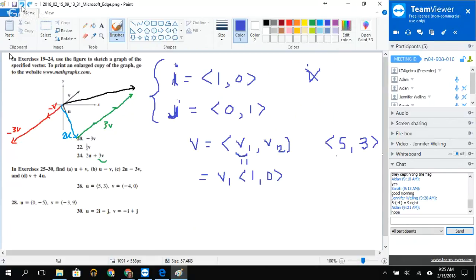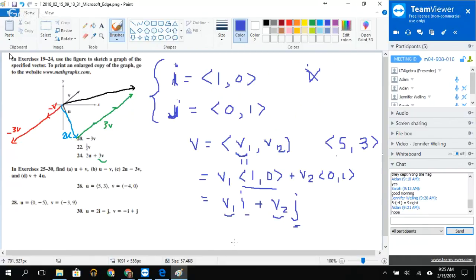Okay, and then for the second one, we can also write this as a scalar number, v2, times the unit vector 0, 1. So now if I translate this, and instead of writing this as my unit vector, I write v1 times I, got to make my boldface I, plus v2 times j. So now we have scalar times a unit vector, scalar times a unit vector.